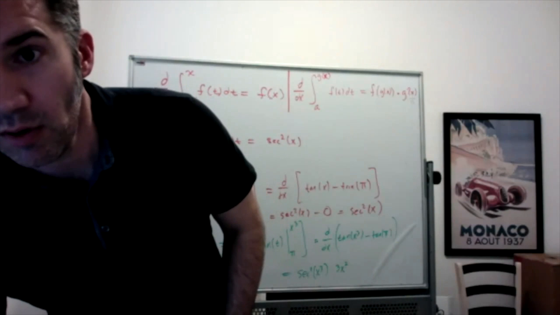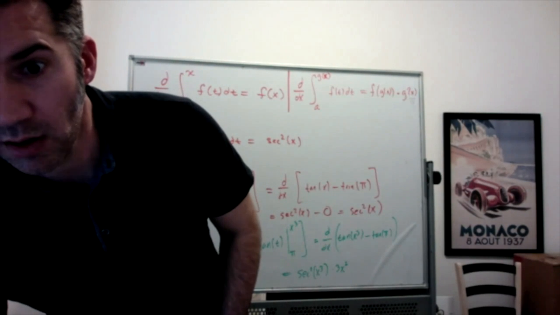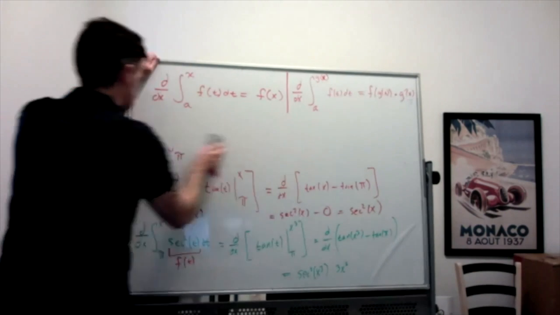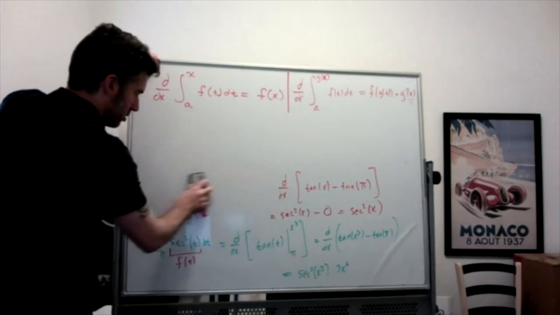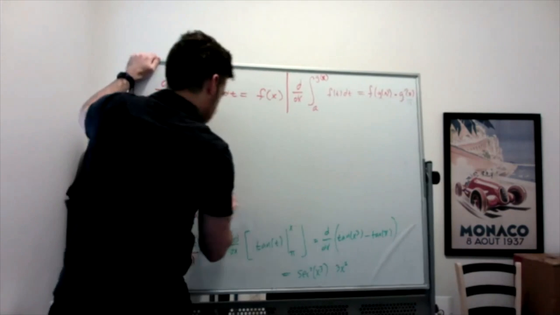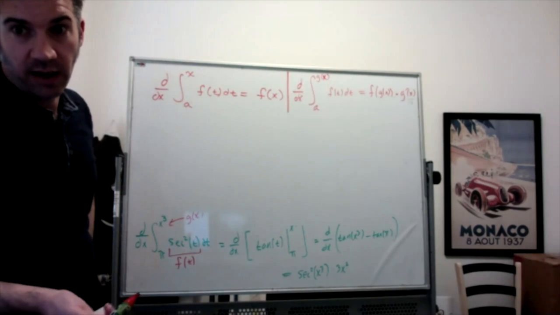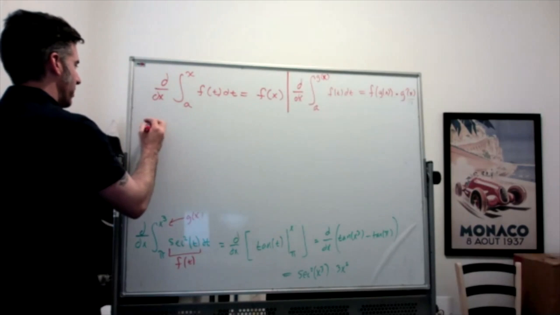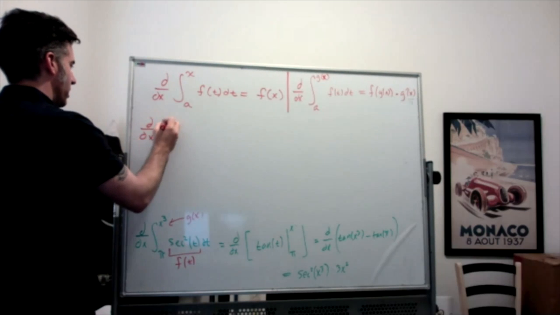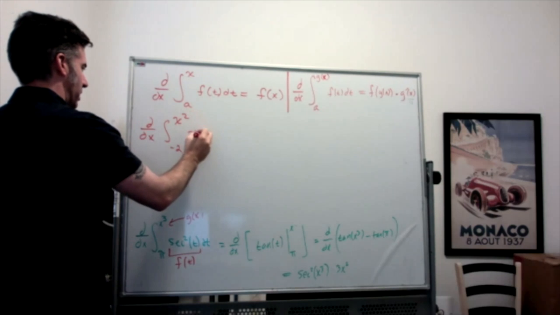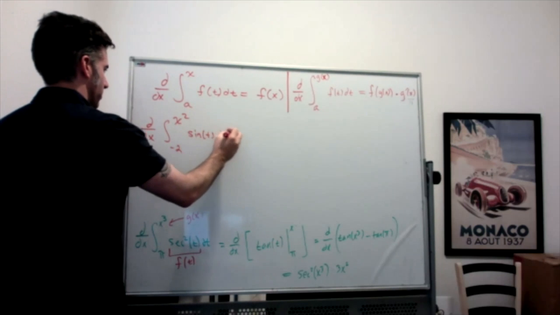For example, we can find, say, something like, I don't know, what's the derivative of the integral from -2 to x squared of sine of t dt?